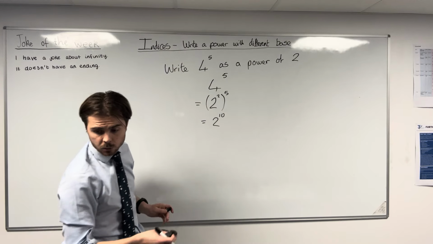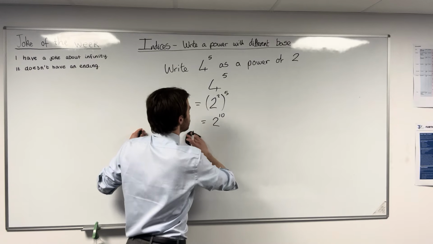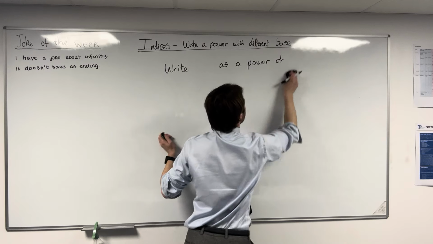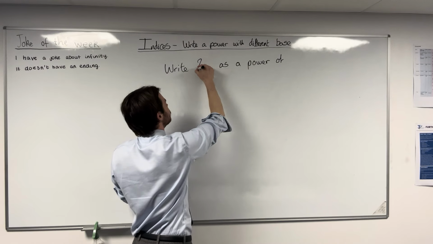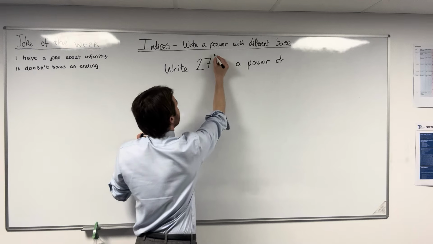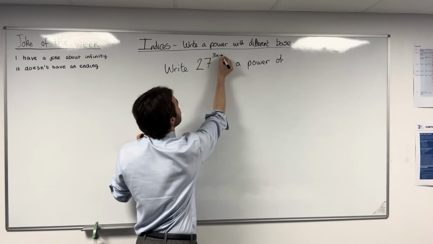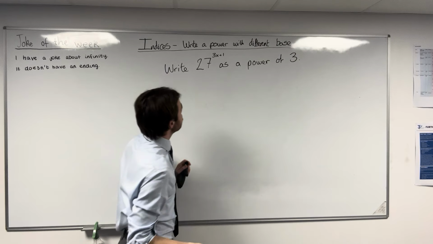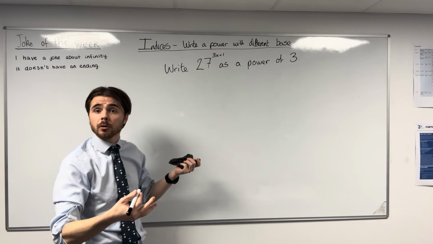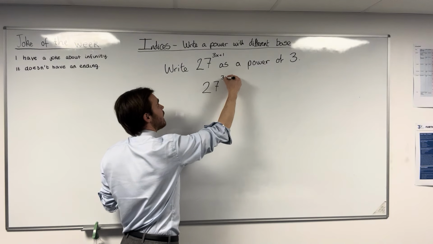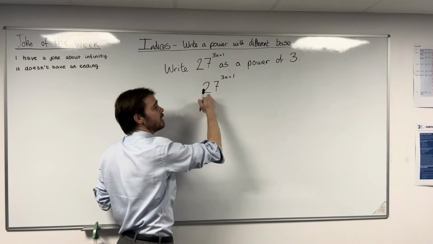Lovely stuff. Last one we're going to do together is, again, rub this all out. I've got 27 to the power of 3x plus 1, and I want to express that as a power of 3. Okay, so we do the same thing we've done on the previous two. I've got 27 to the power of 3x plus 1. I'm going to change the bit I know.